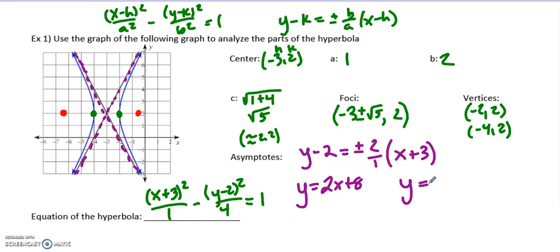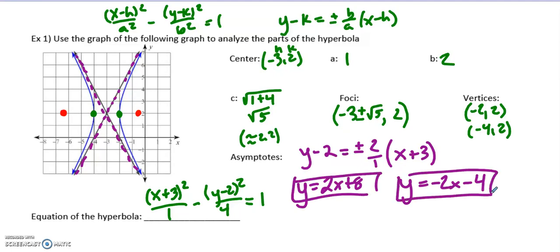And if I distribute the negative 2, that'd be negative 2x. I get a minus 6, add that over, I get minus 4. So you can go ahead and write out what those point-slope forms look like and solve them, distribute the 2, and then add this 2 over at the end. So those are the 2 asymptotes, and that's all the information about that hyperbola for the first example.